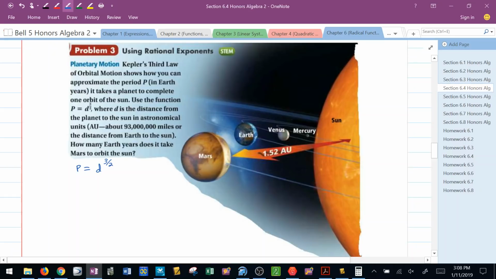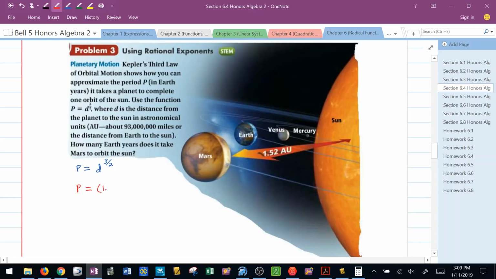Now, for this specific scenario, we know that Mars is 1.52 astronomical units away from the sun. They want to figure out how many years does it take for Mars to orbit the sun one time. How many Earth years does it take? So to figure this problem out, it's actually pretty straightforward and simple. P is my period, which is going to tell me how many Earth years it takes, if you will.